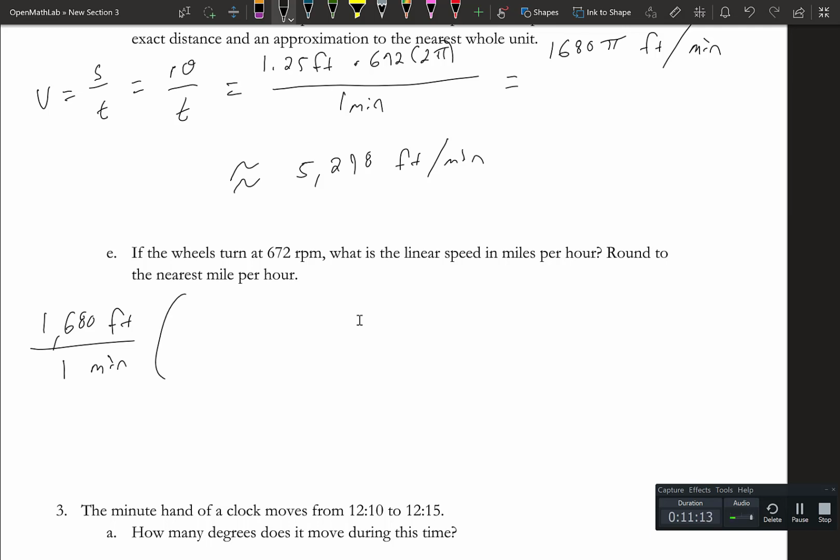And essentially all we want to do is convert this into miles per hour. So if I want to get rid of feet, I need to put feet here, and I can put mile here. So 1 mile is 5,280 feet. And then the feet are gone. Now we're in miles per minute.